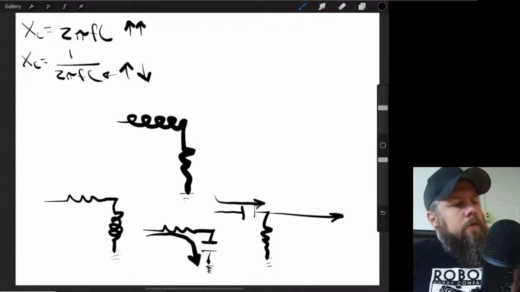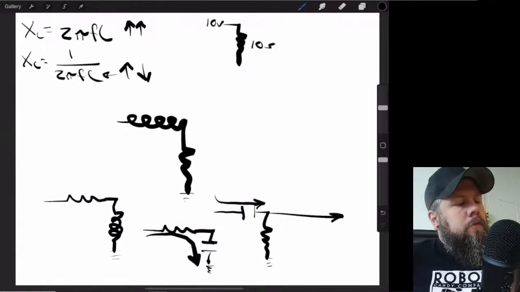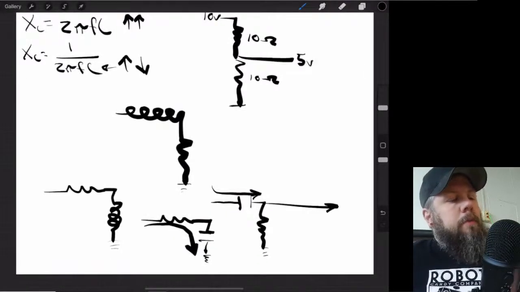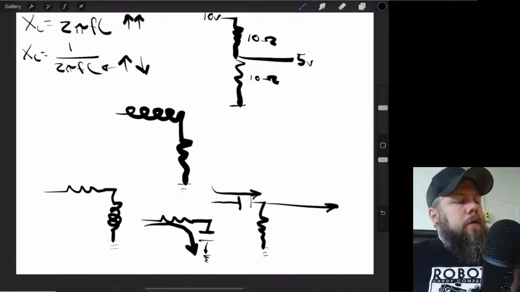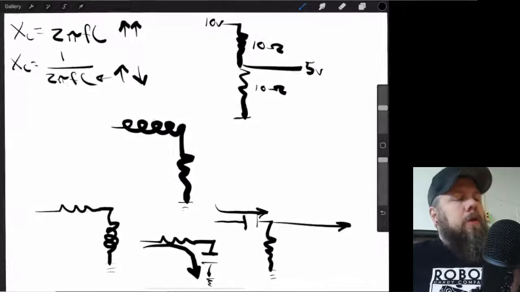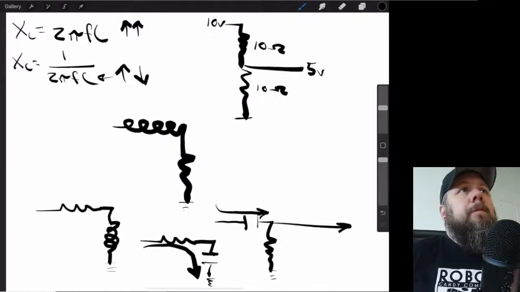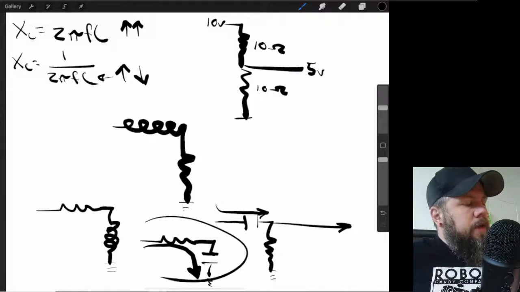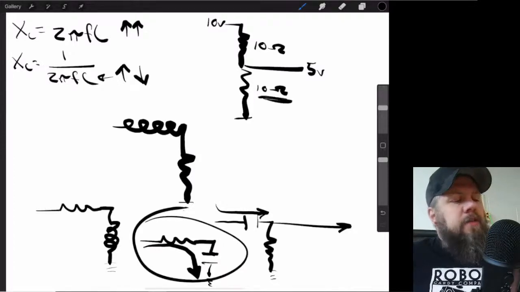All right, so if I had 10 volts and I had 10 ohms and I had 10 ohms, what voltage am I getting out? 5 volts. All right, remember proportionality, like I'm going to drop the same amount of voltage across each one of those resistors, right? Okay. So imagine in this situation that this changes.